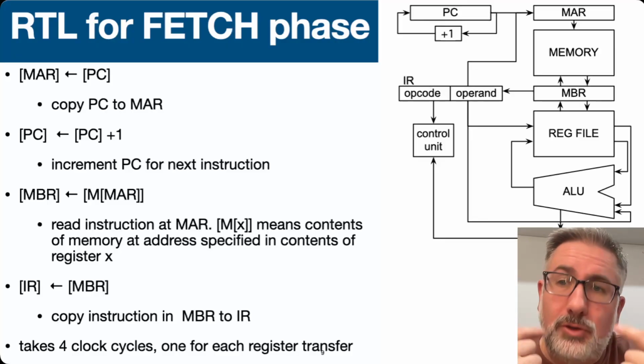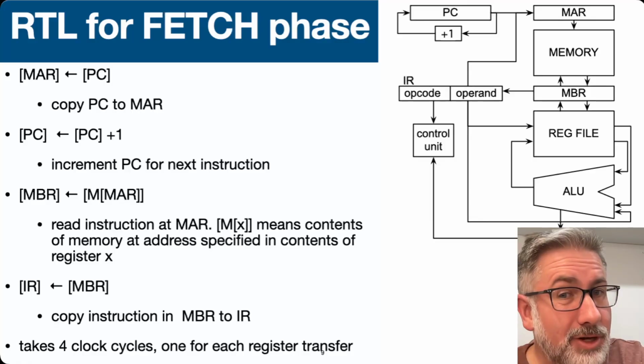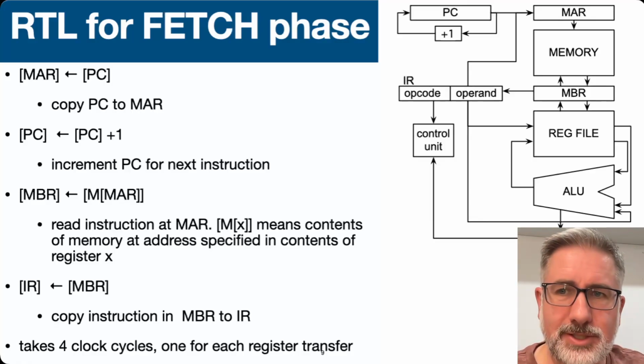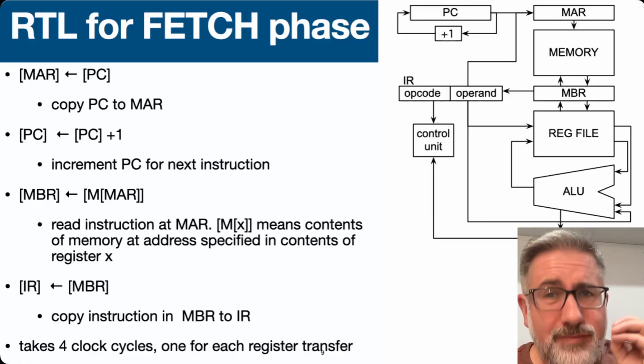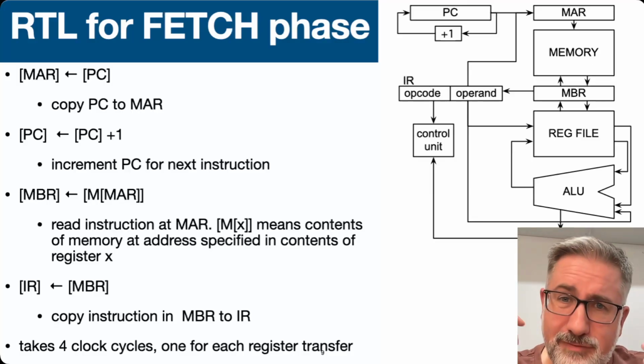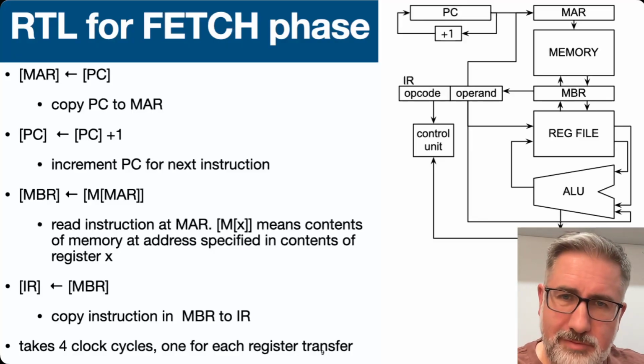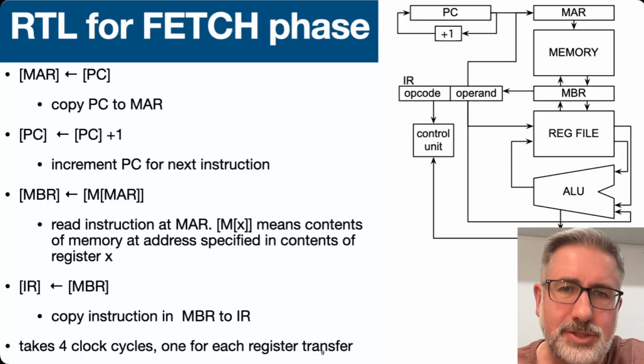In this case, we're going to load. So the memory address register addresses the memory, and the result goes into the memory buffer register. And then finally, from the memory buffer register, we go into the instruction register. This is a 4-step process that allows us to grab an instruction from memory and put it into the instruction register, where it can be used to decide what to do next.